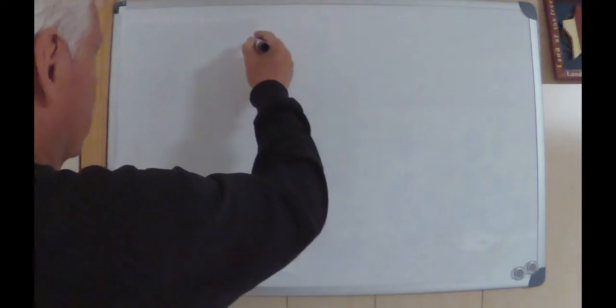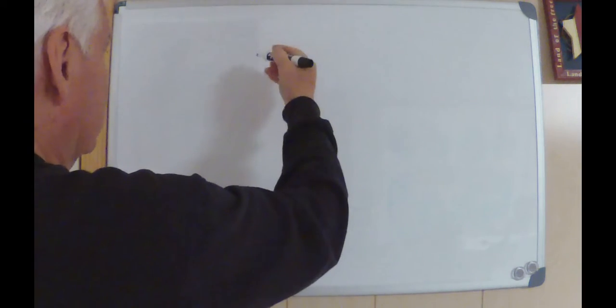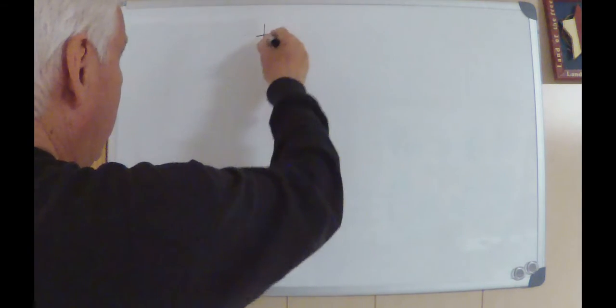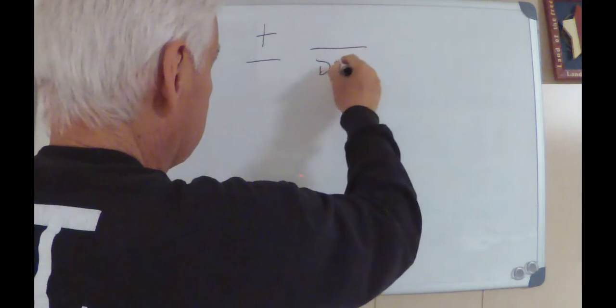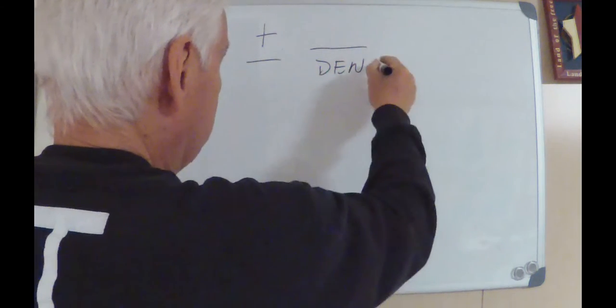So let us try to deal with a couple of other issues that the children have some trouble with, which are fractions. If we have some fractions, we have a couple of rules. If we're going to add or subtract fractions, the denominators must be the same.